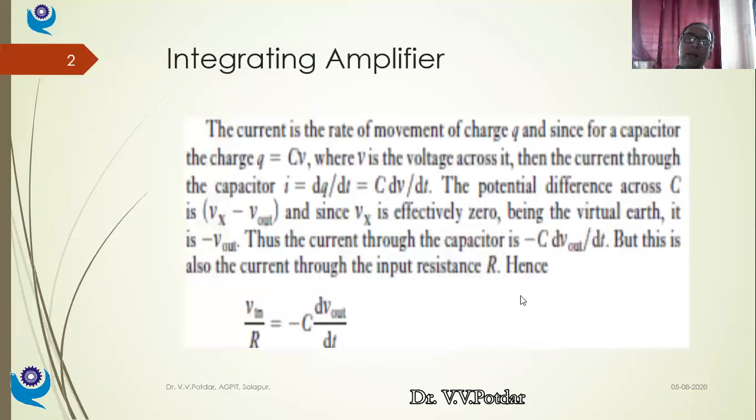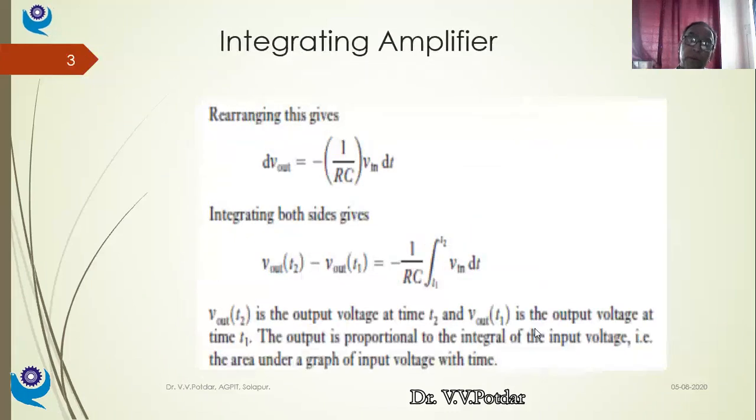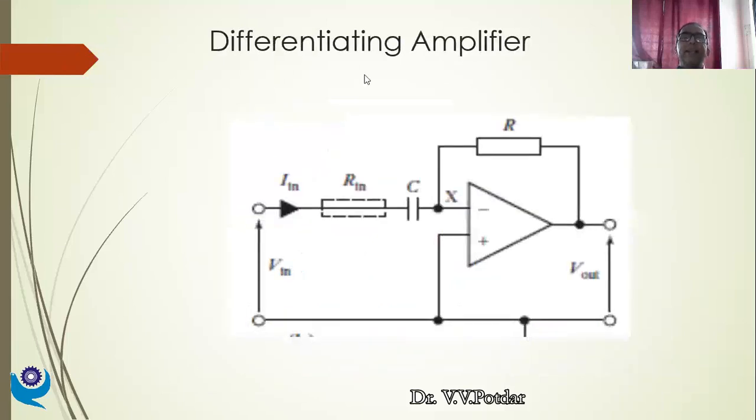This is also called an integral controller, which we'll have in the 4th or 5th unit. So this OpAmp can be used as an integrating amplifier. Depending upon my mechatronic control system requirements, I can make use of the OpAmp as an integrator. Okay, let us see now the differentiating amplifier.